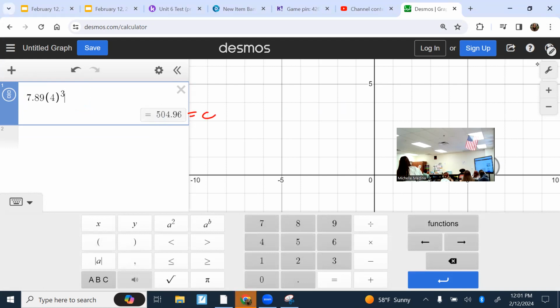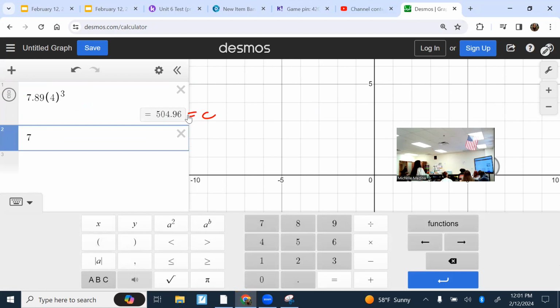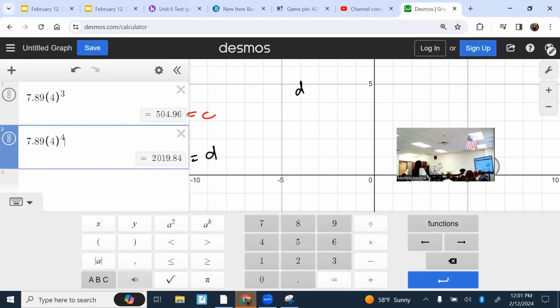Some of you just put it the wrong way. You did C over D. So make sure you don't do that tomorrow. Or you just didn't divide them. That was the other thing you saw. So we also have to plug in a 4 for the exponent, and that gave us what D was. And it wanted D over C.